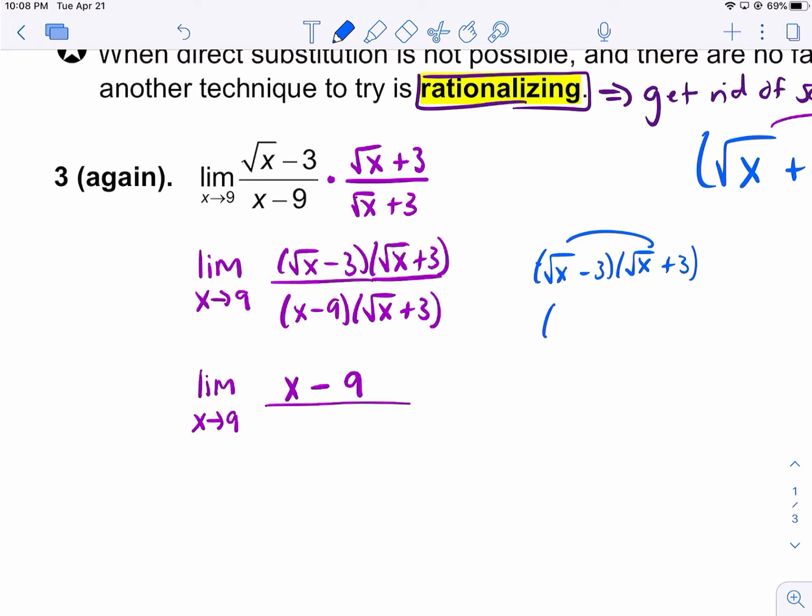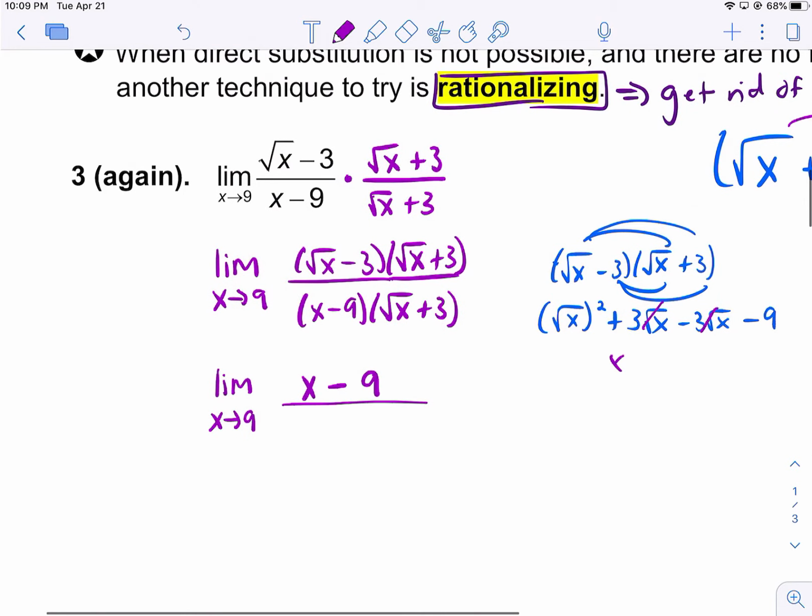First term, we get a square root of x squared. Let's distribute it again. Plus 3 root x, distribute over here, minus 3 root x, then one more time, minus 9. Each and every time when you do it, the middle terms cancel. That's why we like it. That's why we do it. And that's why we get x minus 9.